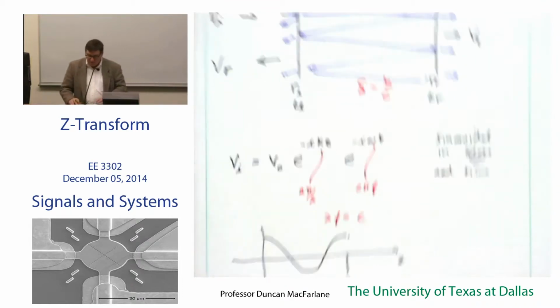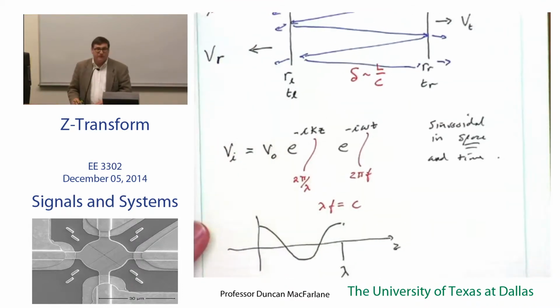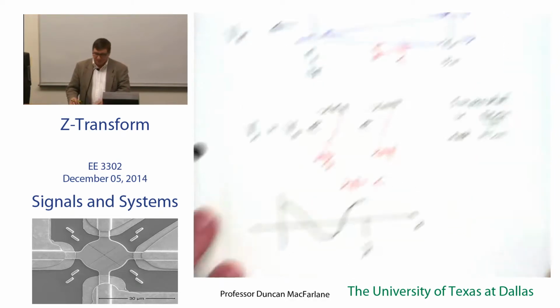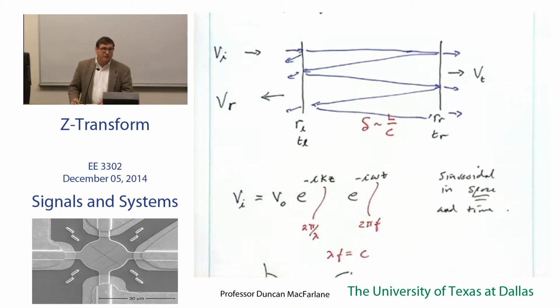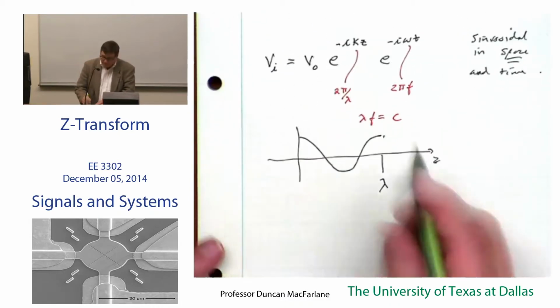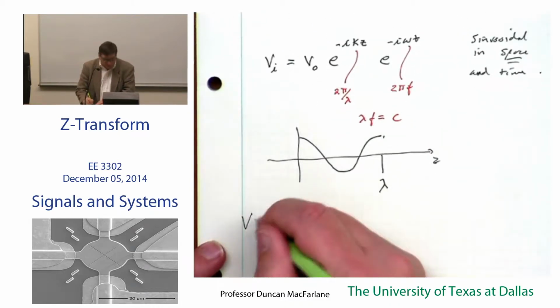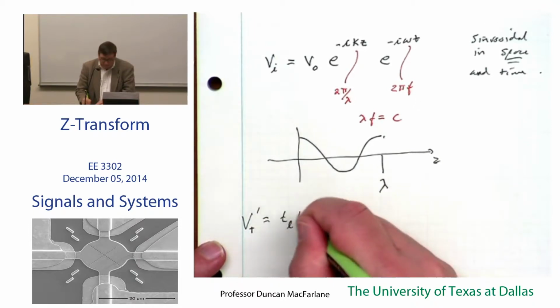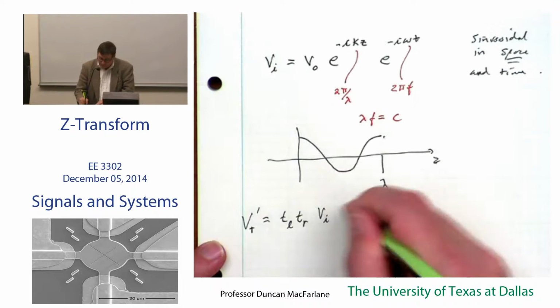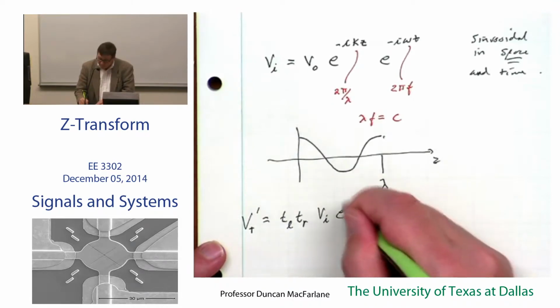All right, so let's write down this v of t. And I want to write down this term, and all the other terms in an infinite sum. And as you can imagine, I'm going to use that infinite sum formula. TL, TR, V input, e to the minus I delta.